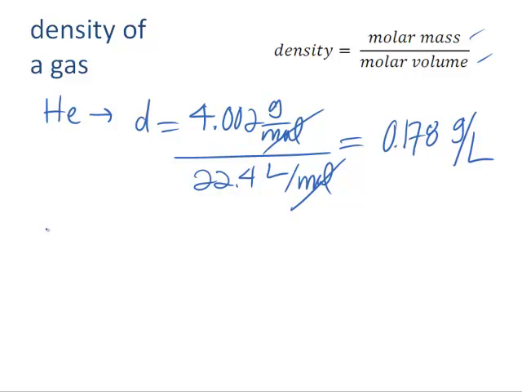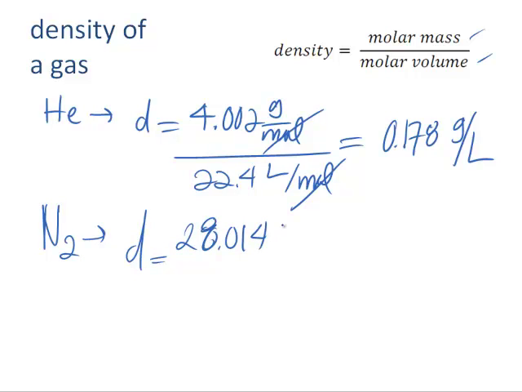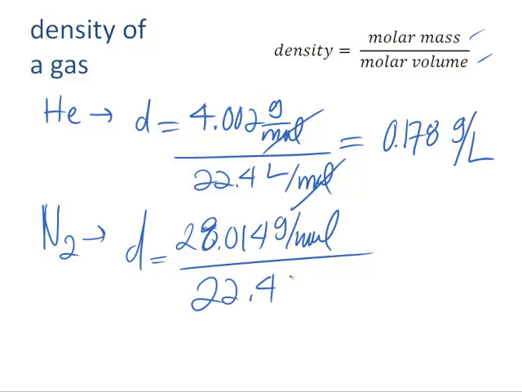Okay, if we compare that to the density of nitrogen, the molar mass of nitrogen N2 is 28.014 grams per mole. Molar volume, nitrogen, 22.4 liters per mole. Those are going to cancel.